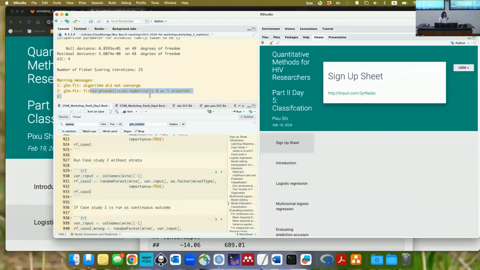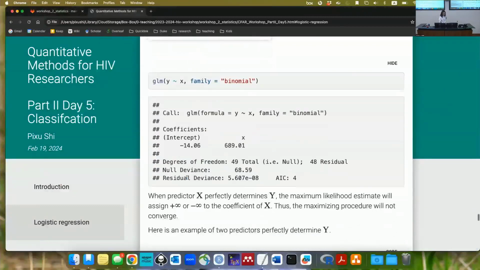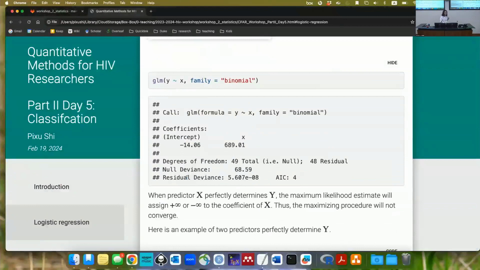Fitted probabilities numerically 0 or 1 occurred. It means that you actually have a perfect separation of the class labels. So when you run into that situation, it means that some combinations of your predictors are completely determining your outcome variable. And it's especially common if you have high dimensional predictors.